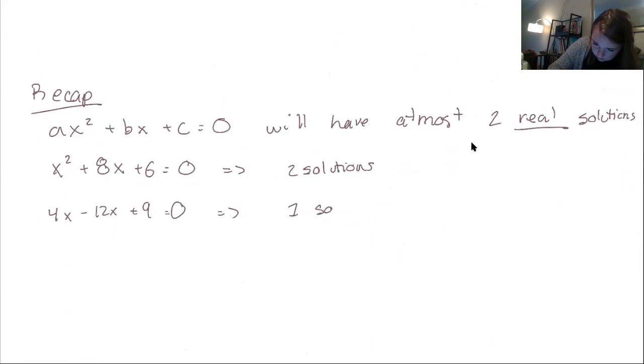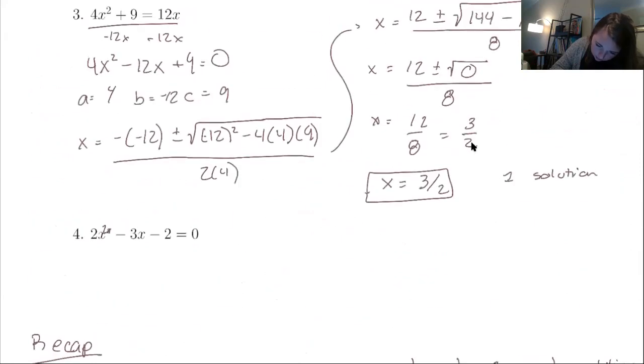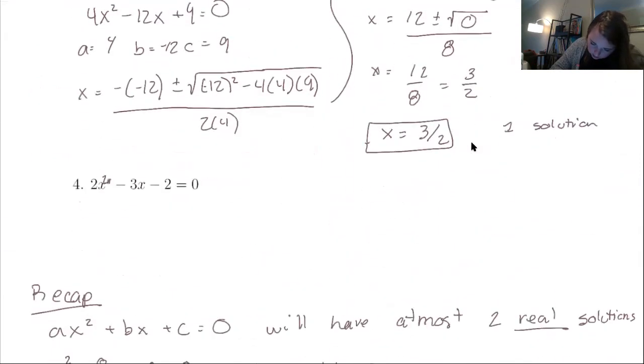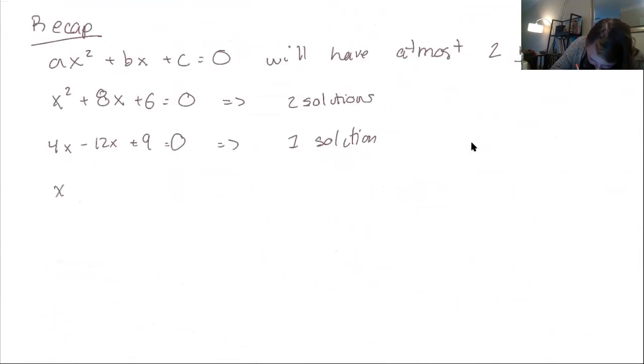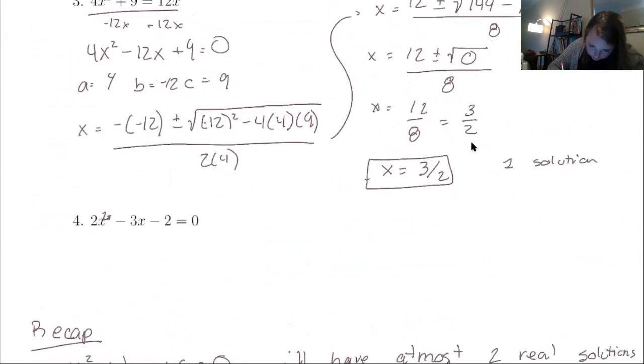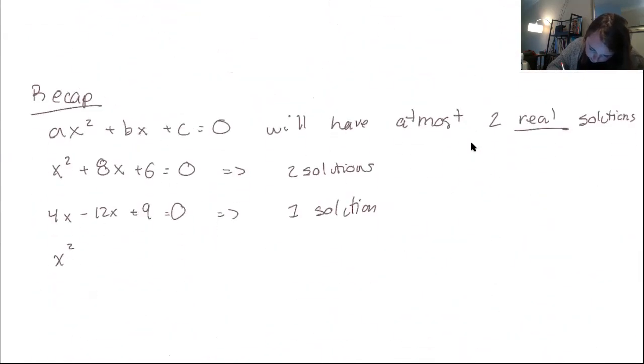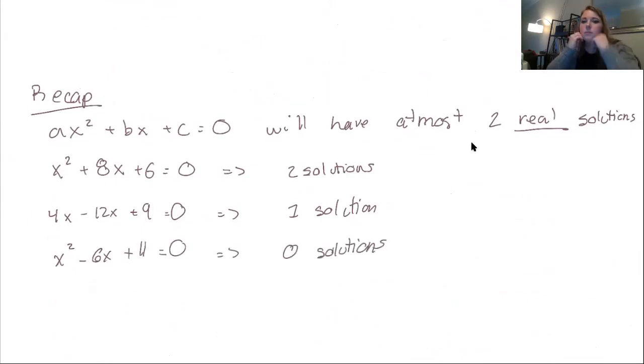And when I mean solution, I mean real solution here. And what was my other one? X squared, oh, I forgot it already, minus 6. Gave me 0 solutions, right?